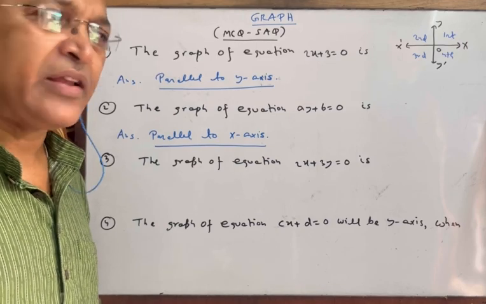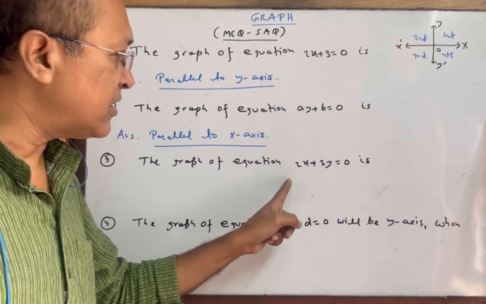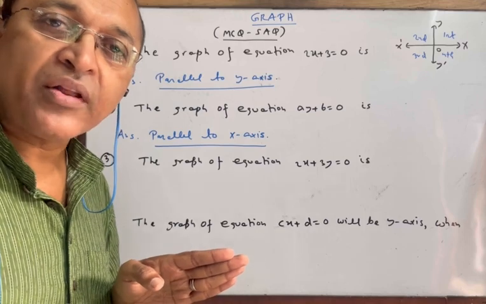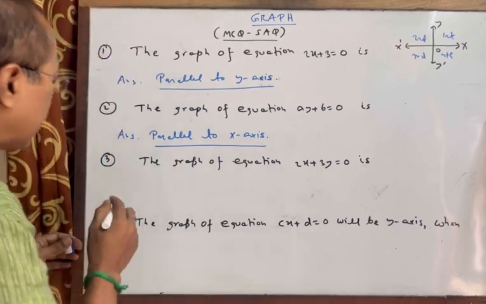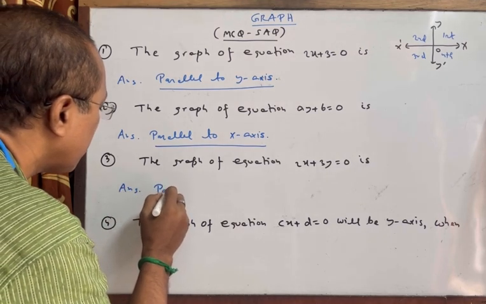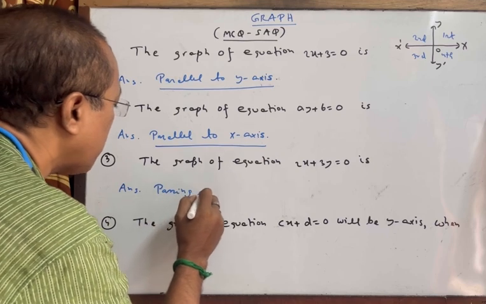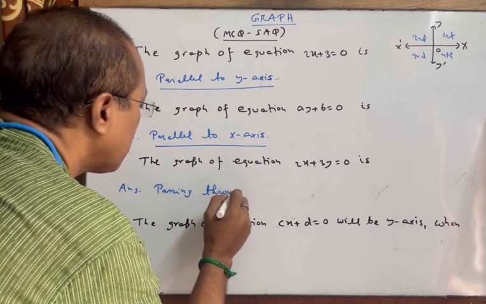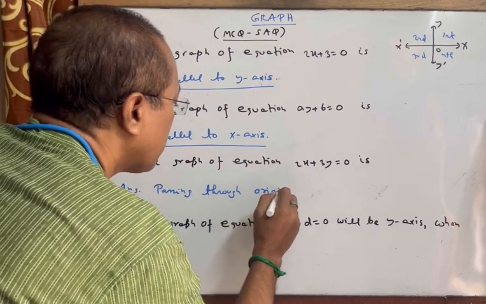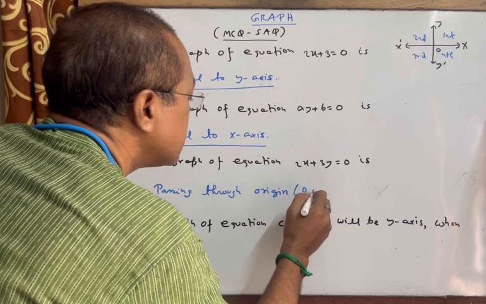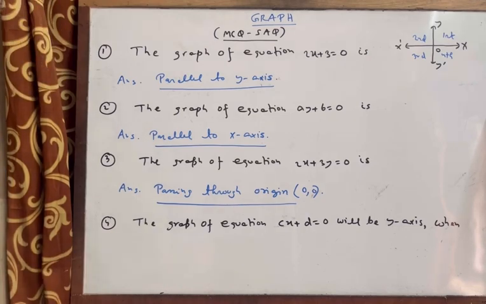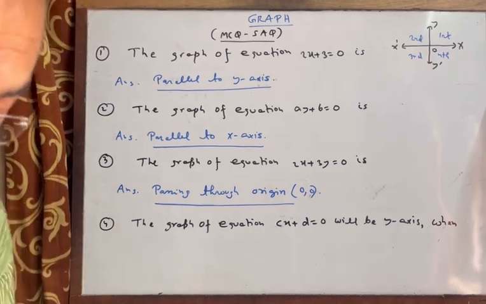So this particular straight line is passing through the origin. So the answer can be written as passing through the origin. Origin means 0, 0. Okay, passing through origin.